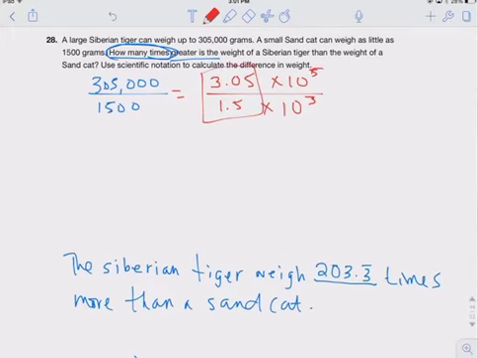Simplify this, divide that in a calculator, what did you guys get? 2.03, like that, times 10 to the second power.